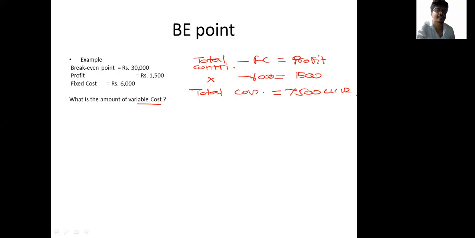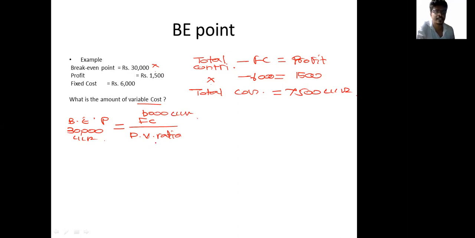Okay. Now the break-even point has been given as 30,000 rupees. This should equal fixed cost divided by PV ratio. Now we know the fixed cost, that is rupees 6,000.